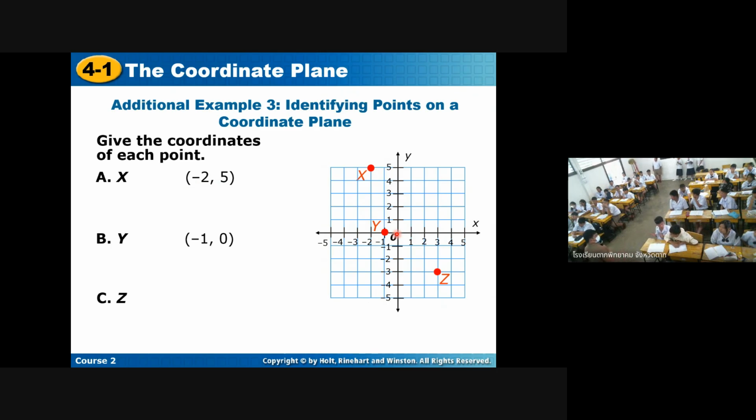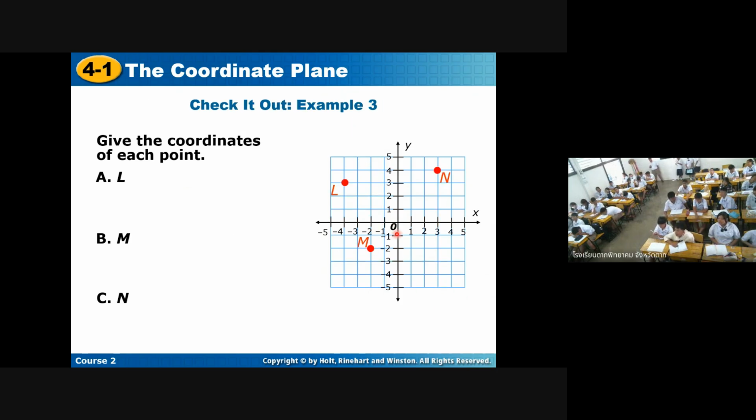How about point z? What are the coordinates of point z? Okay, very good. That is 3 comma negative 3. Okay, next. How about the coordinates of point L?